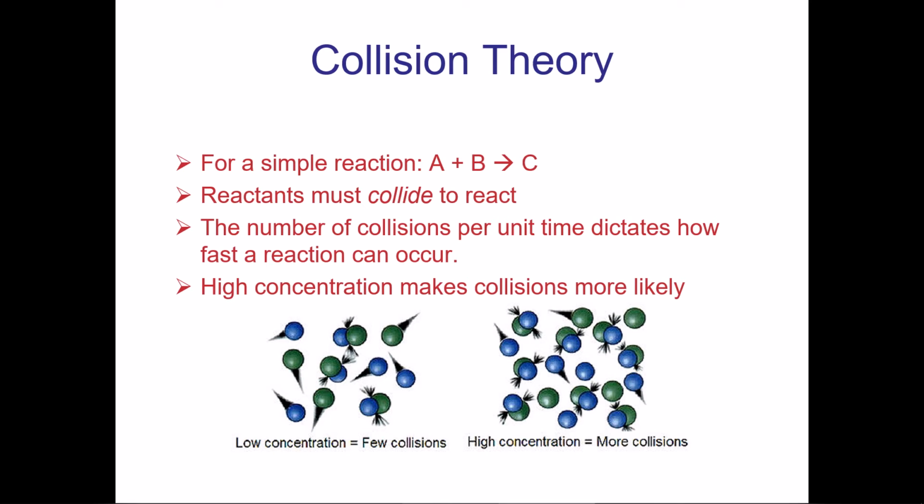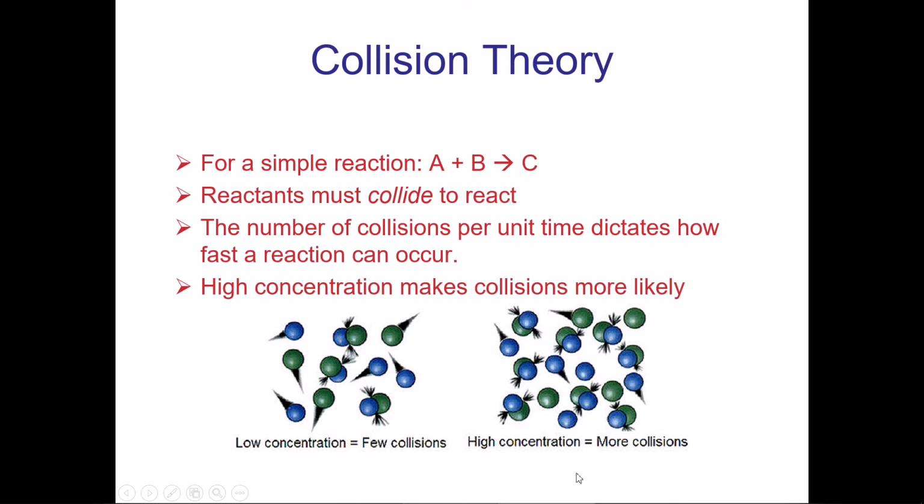And if we think about these collisions like billiard balls on a pool table, we can see how having more billiard balls on the pool table will give us more collisions. The more collisions we have, the faster the reaction is going to occur, because each collision is necessary to make product.